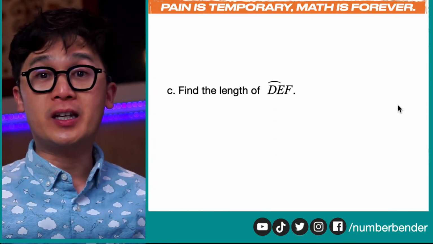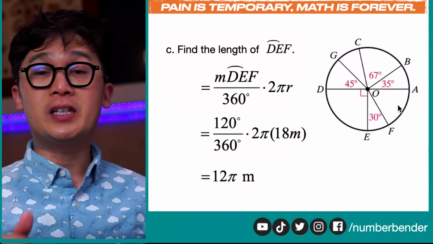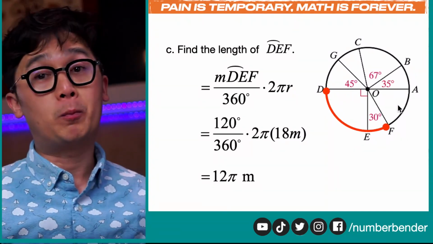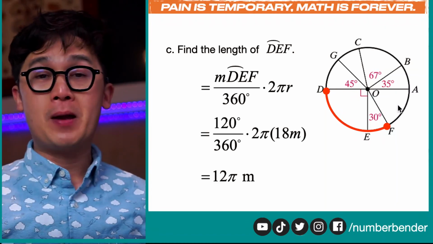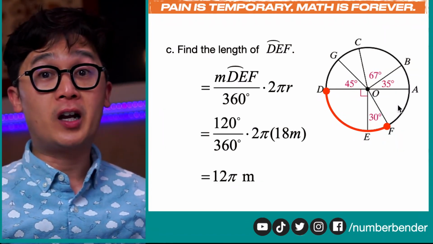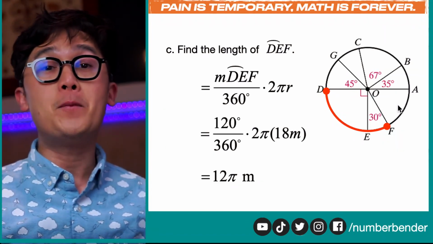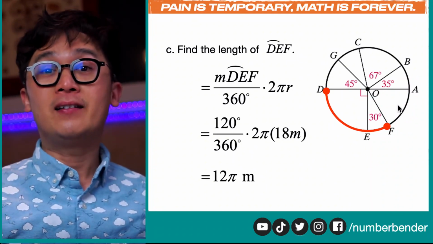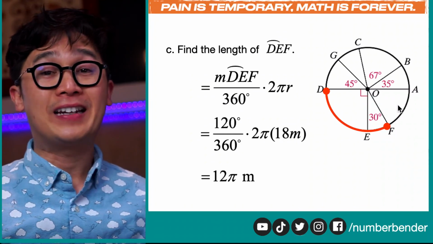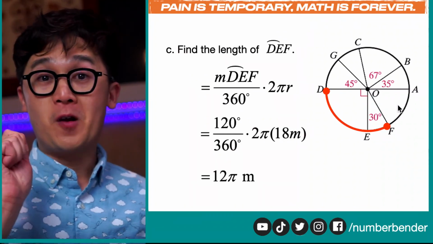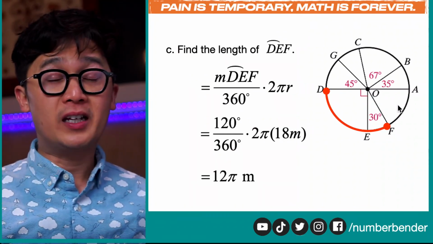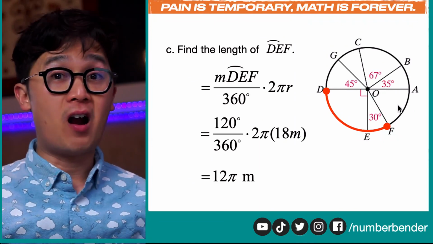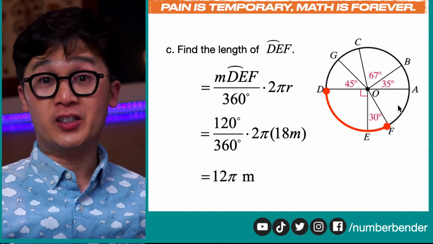And if you want to see how the formula was used in this particular word problem for a circle, just remember that it's always the measurement of the arc all over 360 degrees multiplied by its circumference. That is the length of our given arc. And remember that arc measure is not the same as the arc length of a given circle.